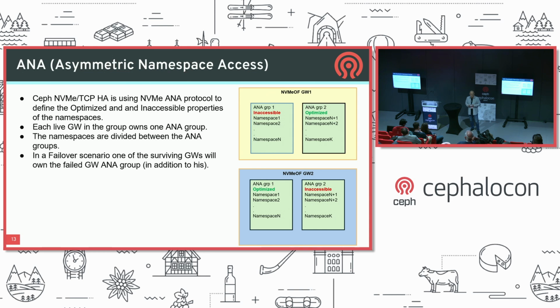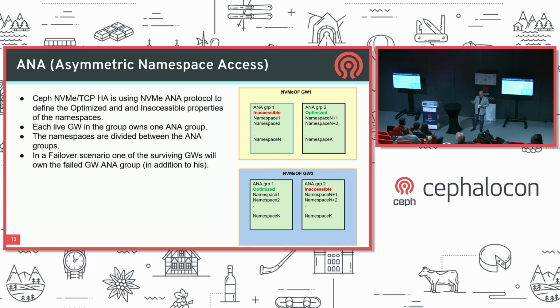I know many people maybe are not familiar with this protocol, but in very short, each gateway is responsible for one ANA group, and an ANA group is like a container of namespaces. So once again, for the example I showed before, if we have 100 namespaces and 4 gateways, we get 4 ANA groups. Each ANA group will have 25 namespaces.